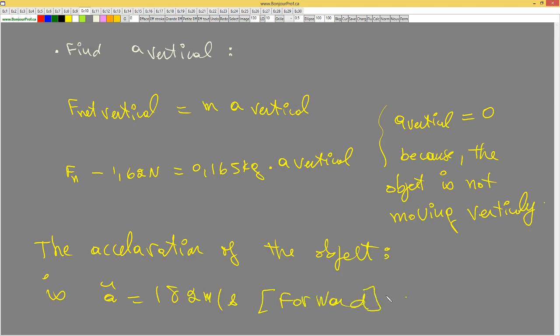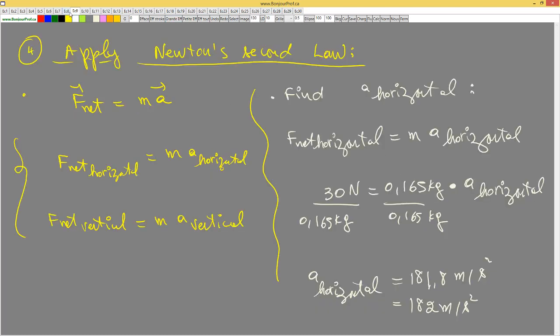Because it is positive, it is forward, and that's it. You can put it here for the horizontal, because it is positive, it is forward. Same here, it is forward because it is positive.